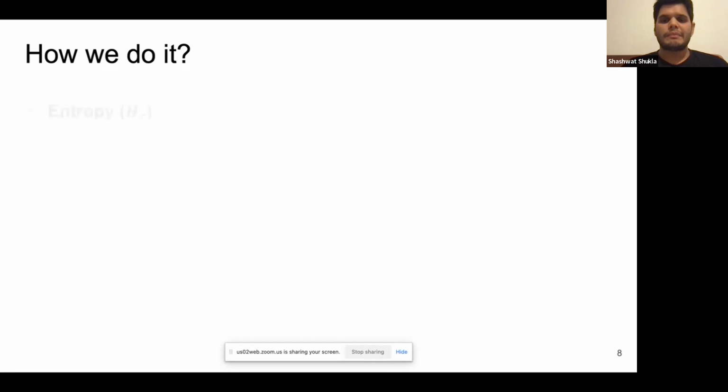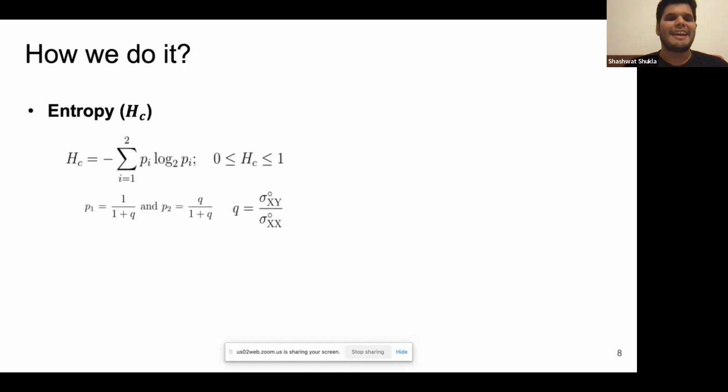In order to do that, we will focus on two main properties. First is entropy, and don't be a bit worried about these equations, but entropy here is determined simply by having a pseudo probability, which is extracted from a depolarization ratio, which is represented by Q. And here the entropy is between 0 and 1.